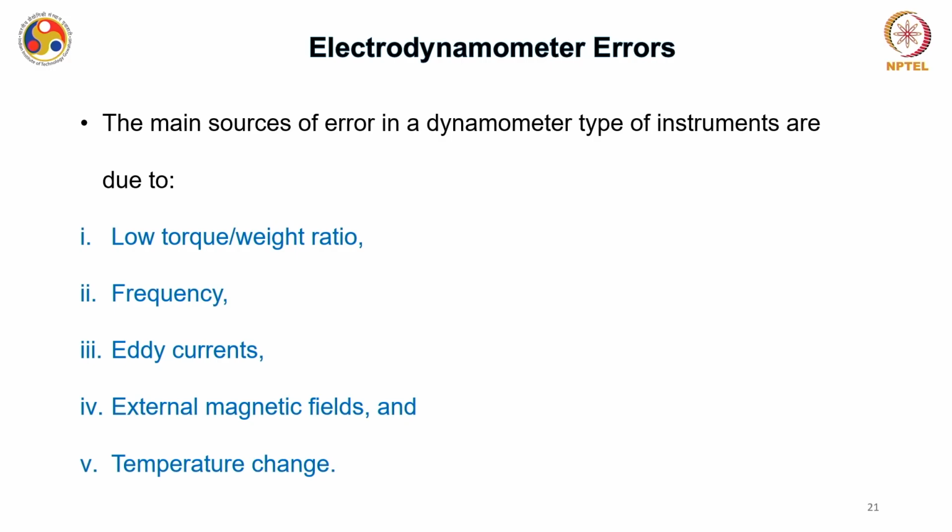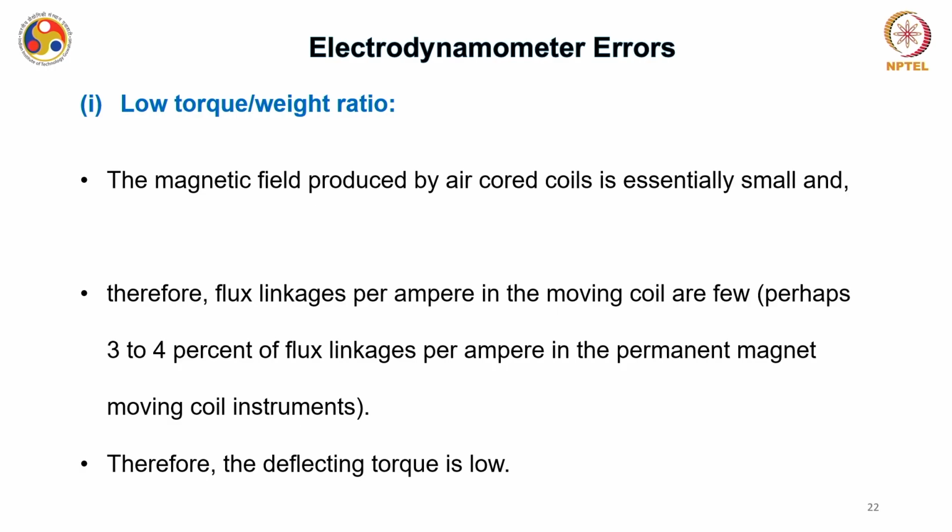The first is the low torque to weight ratio. Second is the frequency. Third is the eddy currents, and then we have external magnetic fields, and finally the temperature changes. So, these 5 are different sources of errors that can cause the reading by these electrodynamometer systems to be erroneous.